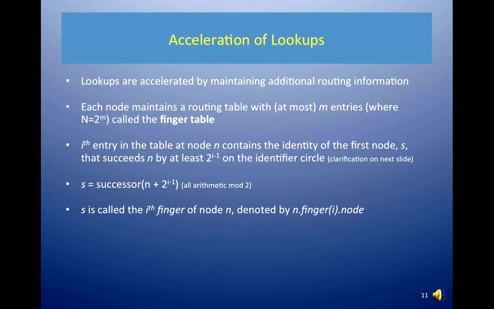So the data they maintain in the state is n plus 2 power i mod m, m being the identifier size. We can talk in more detail in the next slide, but the point here is each node maintains not just one piece of information, the successor, but also some data in the finger table, so that efficient lookups are possible and we achieve big O of log n state.